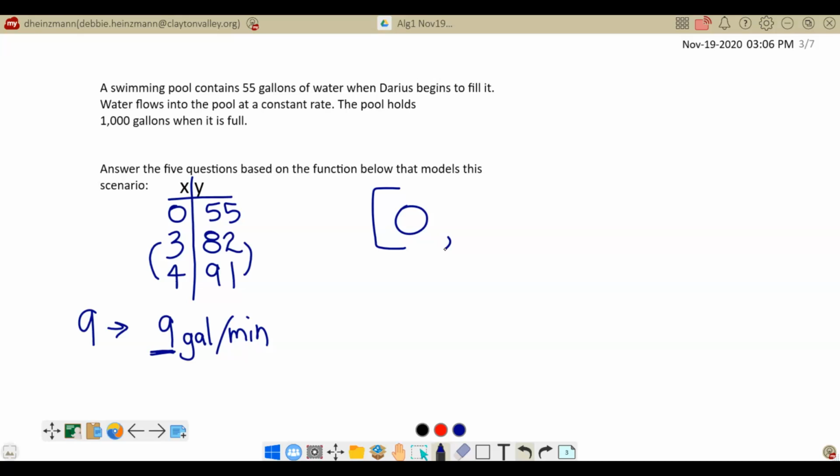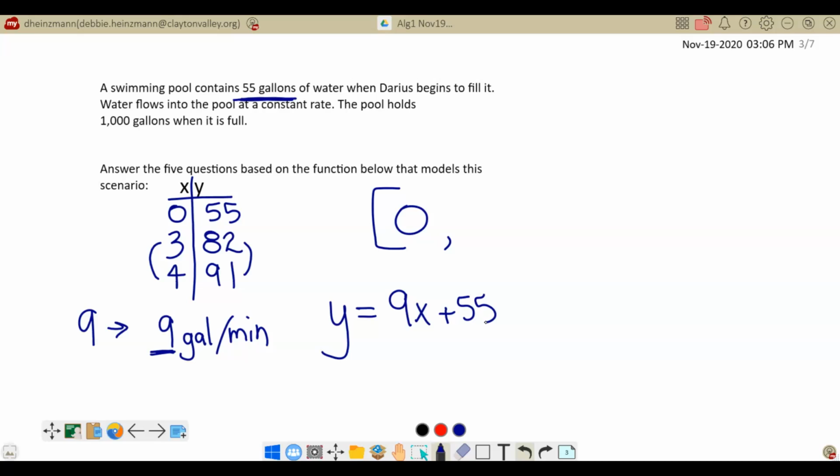And if you use this, we got our slope. We could do point slope, but we don't have to because we have an initial value. So once we have our slope and an initial value, we can write our equation of the line in slope-intercept form. So that's 9x plus 55.